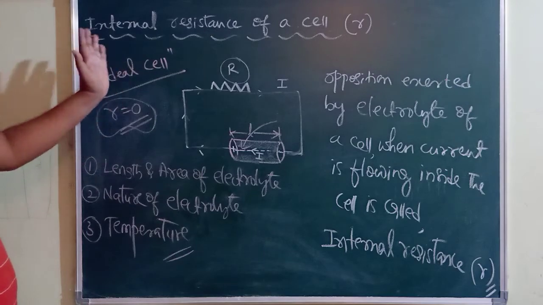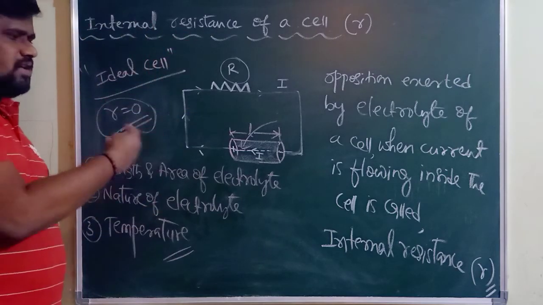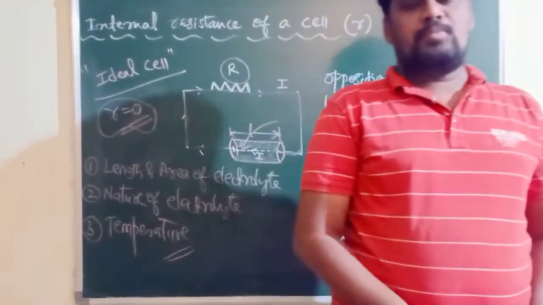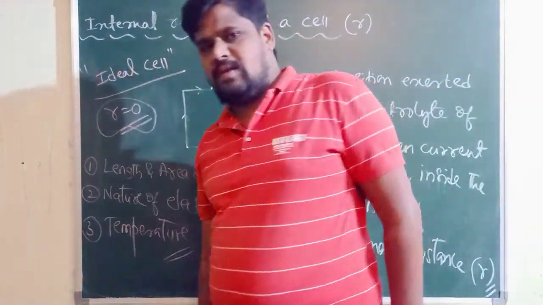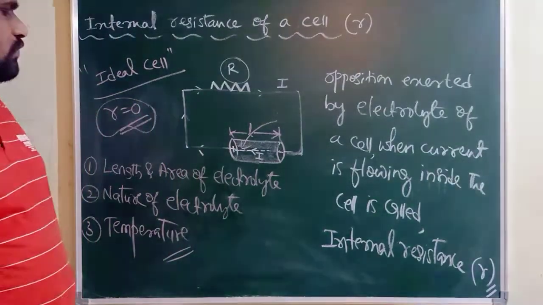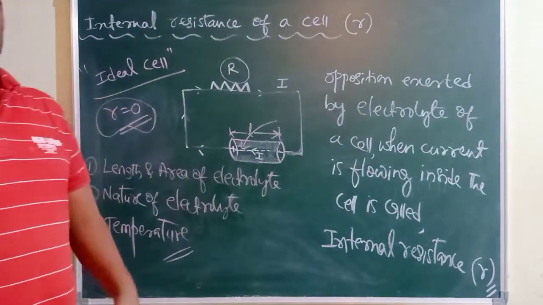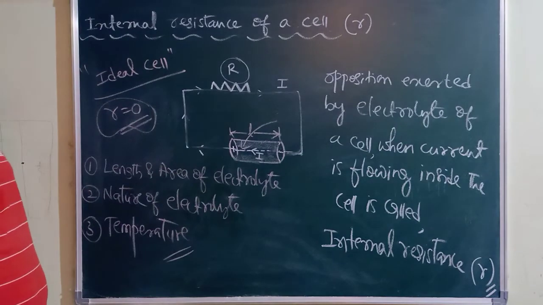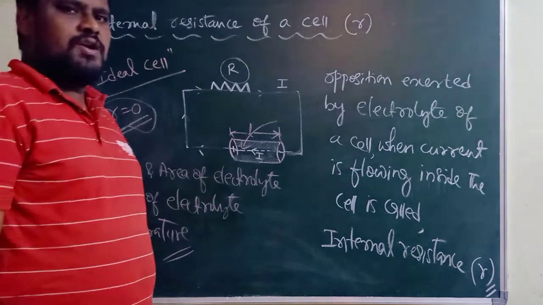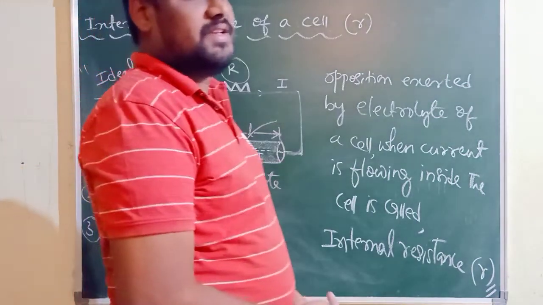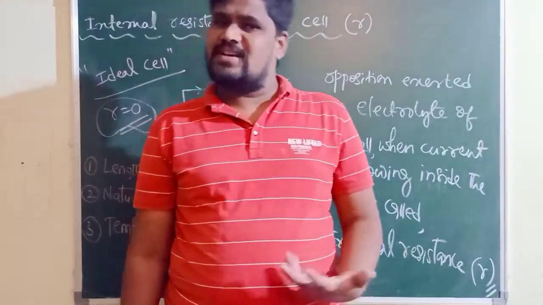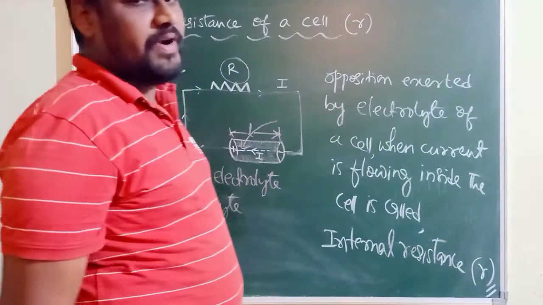So this is the discussion about the internal resistance of a given cell. How do we define internal resistance? The opposition exerted by the electrolyte of a cell when the current is flowing inside the cell is called internal resistance. For a given cell, it is desired to have a less value of internal resistance.